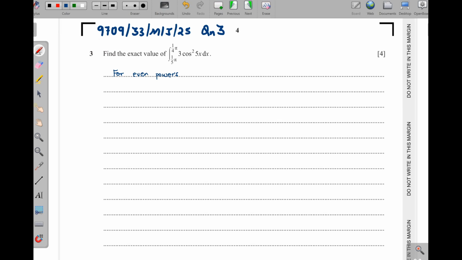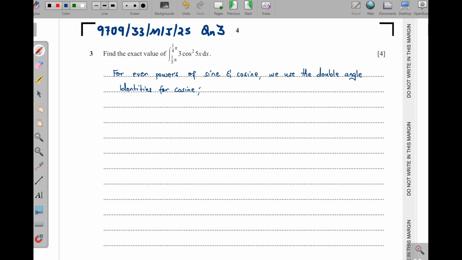For even powers of sine and cosine, we use the double angle identities for cosine.